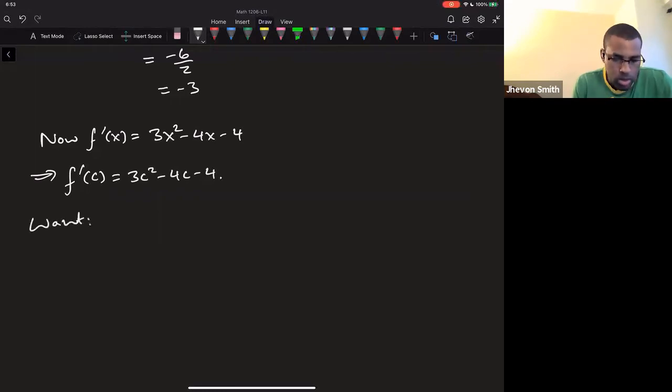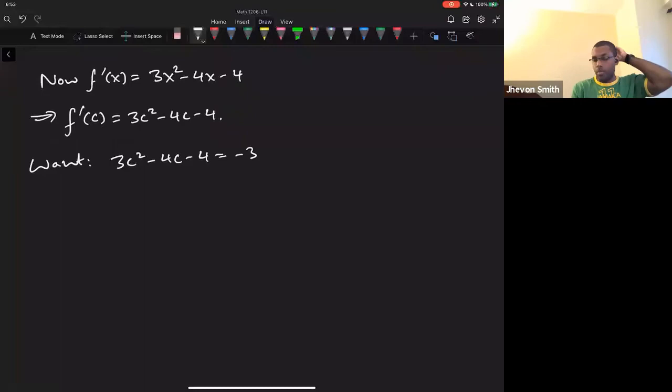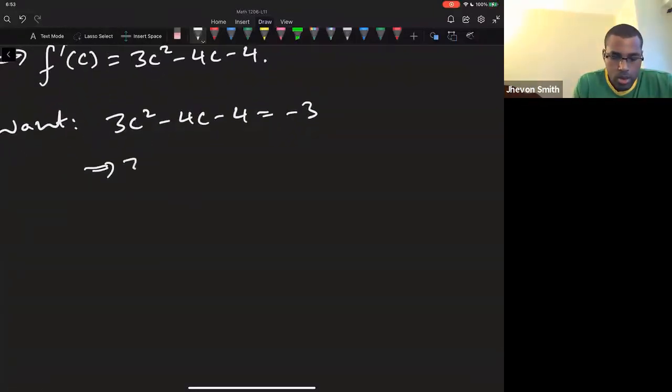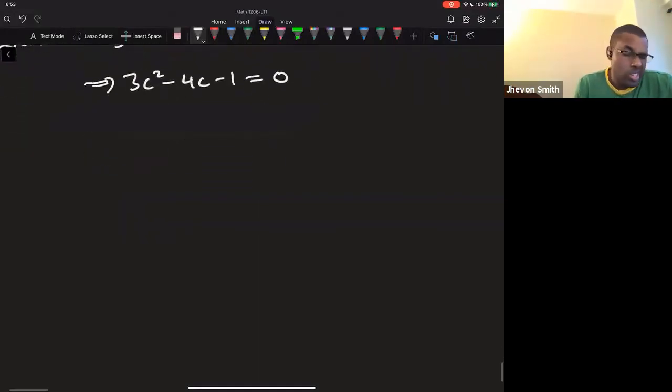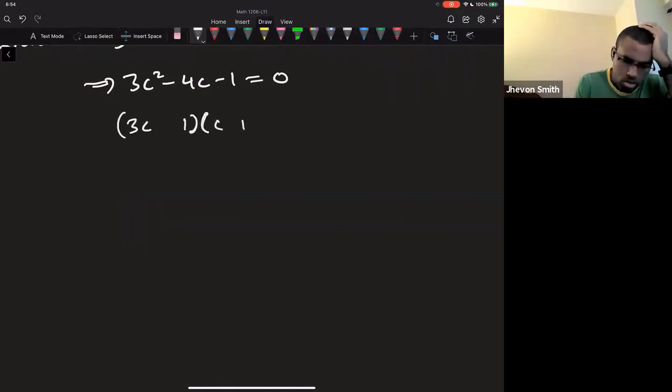And we want 3c squared minus 4c minus 4 equals minus 3. So that would give us 3c squared minus 4c minus 1 equals 0. Does that factor? With a minus and a minus, which no, doesn't work. So no, it doesn't factor.